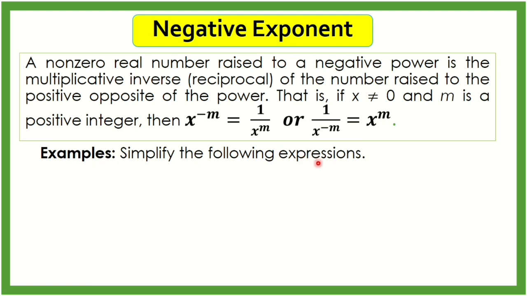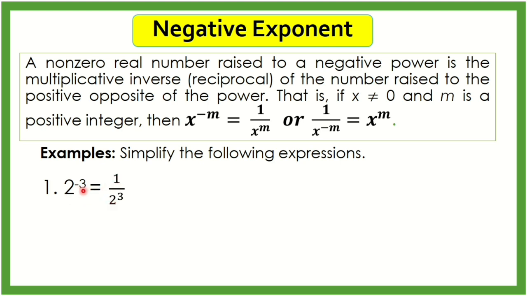Simplify the following expressions. Number 1, 2 raised to negative 3. Ang base natin is 2. Ang kanyang exponent is negative 3. So, let's simplify. Una, kunin natin yung reciprocal ng 2. So, this is 1 over 2.